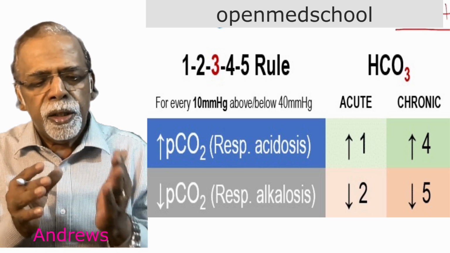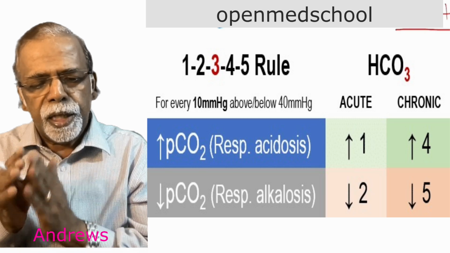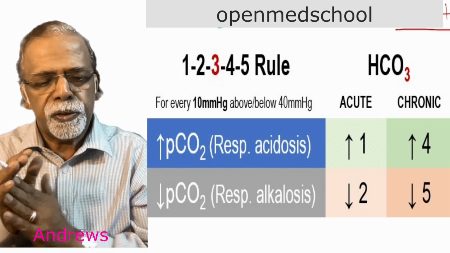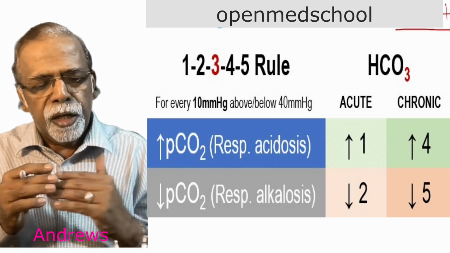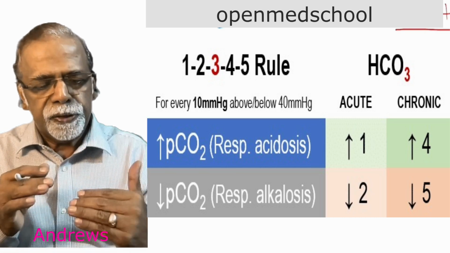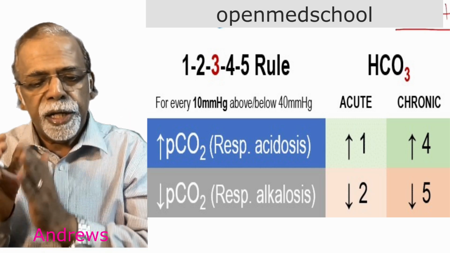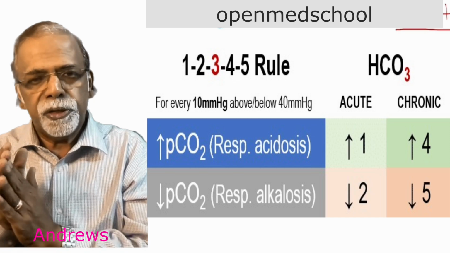For the chronic one, the bicarbonate rise will be 4 mEq/L per 10 mmHg increase in PaCO2. That is 1 and 4. And for respiratory alkalosis, acute one, the bicarbonate will decrease by 2 mEq/L for every 10 mmHg reduction in PaCO2.